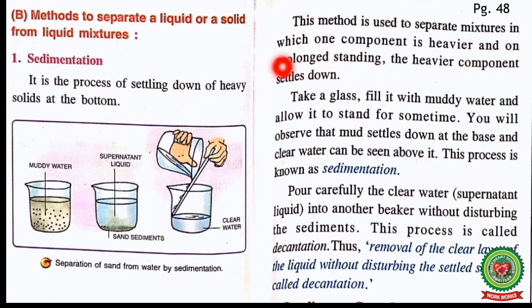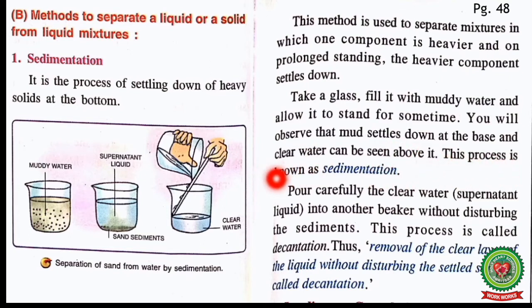On prolonged standing, that is, for a long time, the heavier component settles down. Take a glass, fill it with muddy water and allow it to stand for some time. What will happen? Because mud particles are heavier, you will observe that mud settles down at the base and clear water called supernatant can be seen above it.